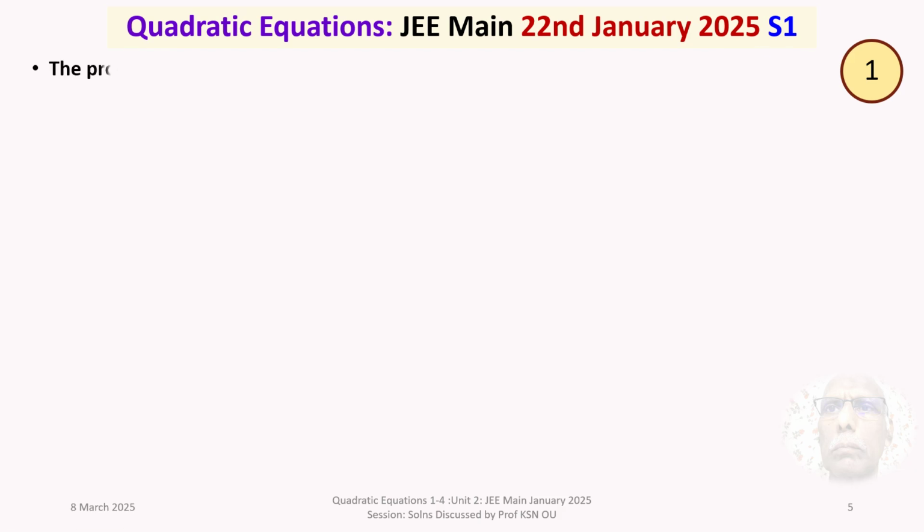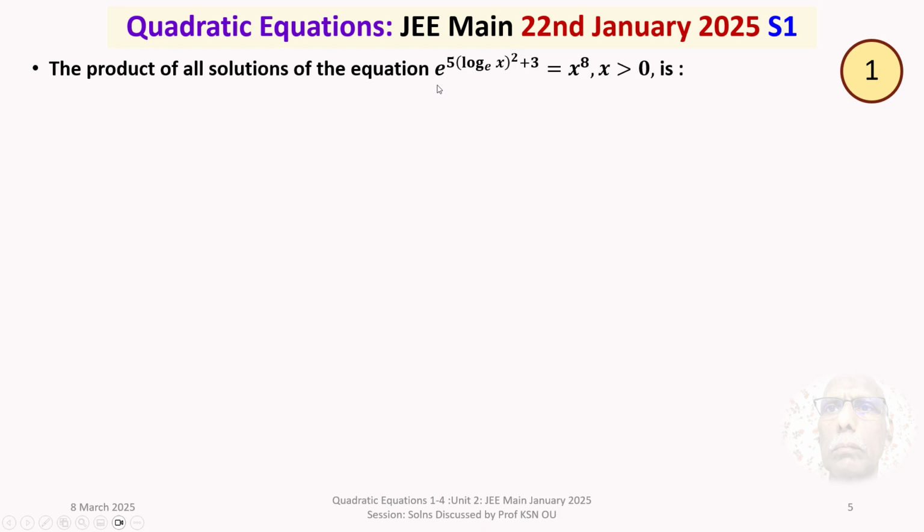The given question is: the product of all solutions of the equation e to the power of 5 times (log x to the base e) whole square plus 3, this plus 3 is also in the power, is equal to x to the power of 8, where x greater than 0, is. We are given 4 options here. Let's now discuss the solution of the problem in detail.